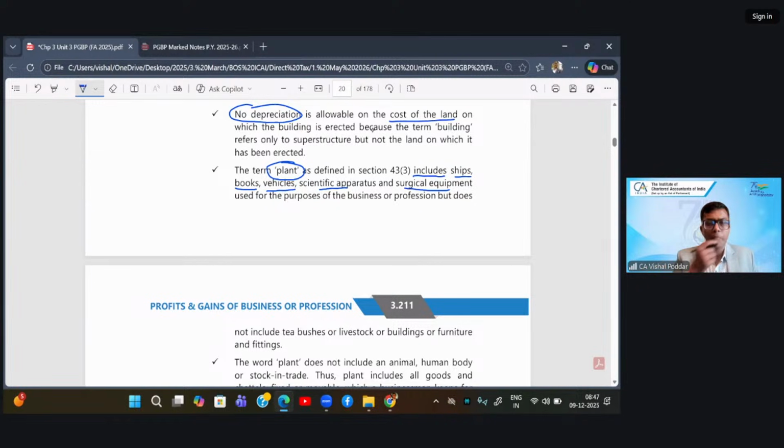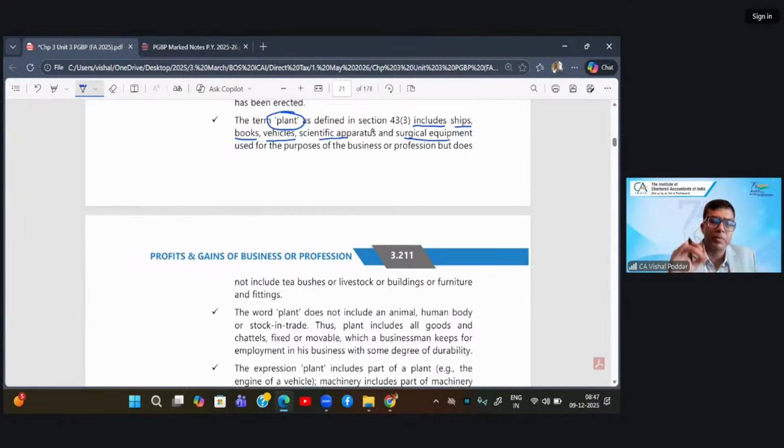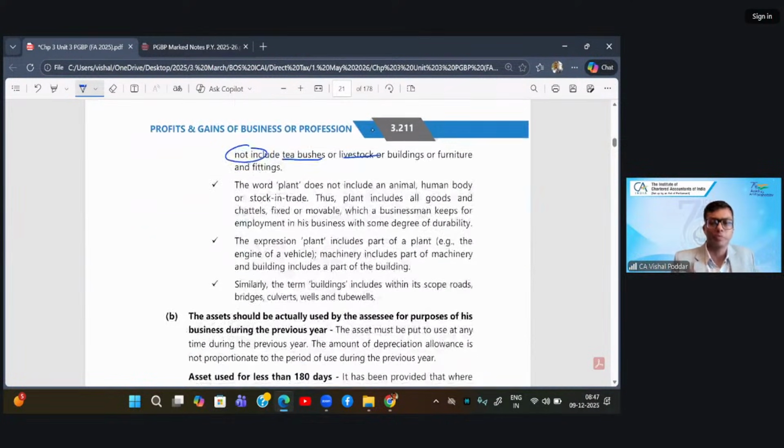So, besides the normal meaning of plant, in income tax, for the purpose of depreciation, plant will include all these things, but it will not include tea bushes, livestock, etc. Please mark this again for the MCQ type of question. Most important part, plant does not include animal, human body, or stock in trade.